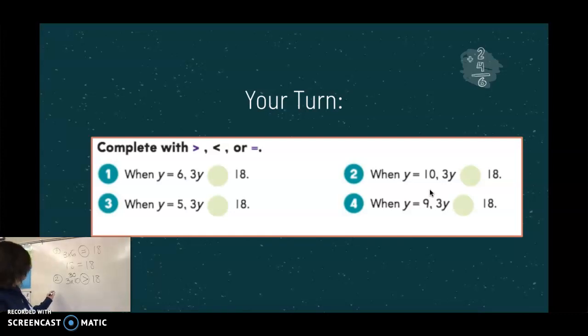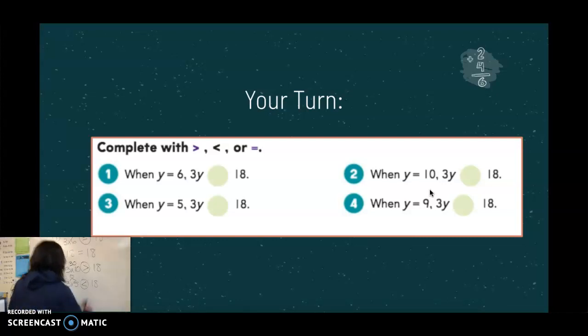Let's see. Number 3. When y is 5, so you've got 3y and 18. So you've got 3 times 5 is what to 18? So 3 times 5 is 15. So is 15 greater than, less than, or equal to 18? You're right. It's less than 18.